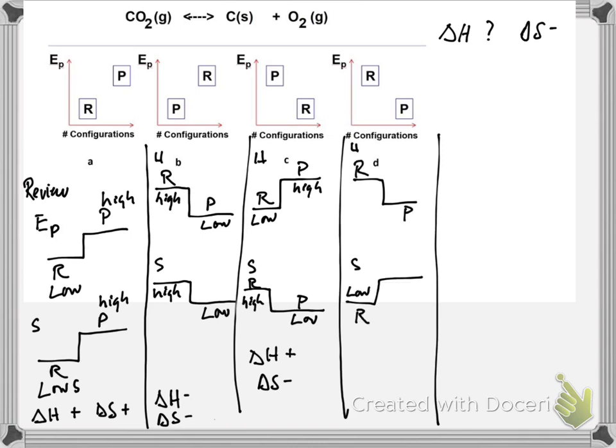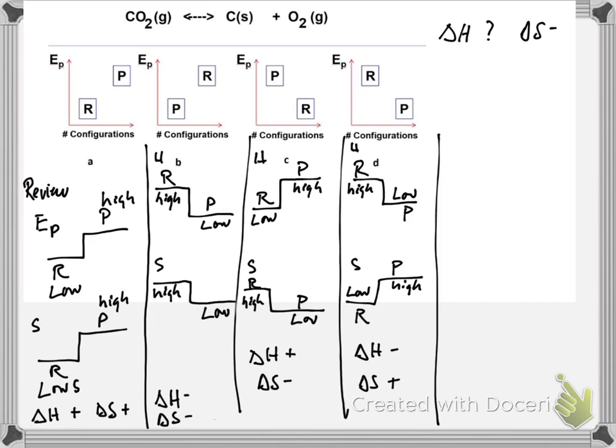And we also have a positive change in entropy as you're going from low entropy reactants to high entropy products. And that would lead us to delta H of negative, but delta S is positive. So these are the four stories, the four characteristics, and what happens when potential energy changes and when entropy changes.